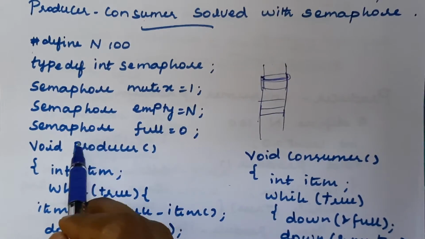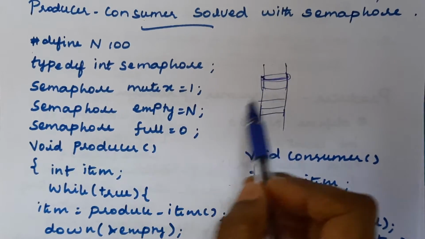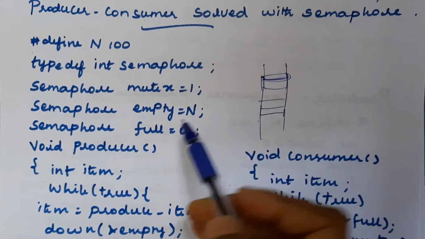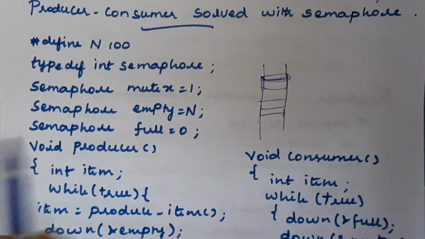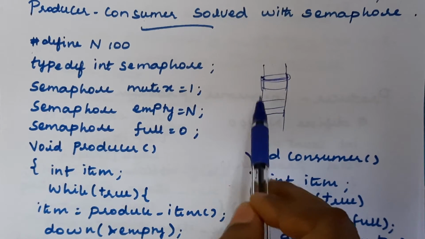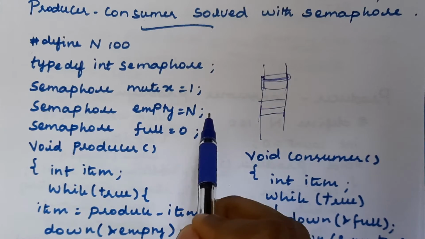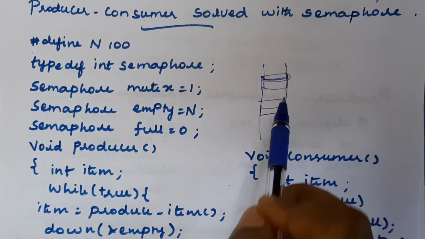That is what the semaphore full variable holds. Initially it will be 0, because no data items are stored in the buffer. Semaphore empty is the number of empty slots available in the buffer, so it equals n initially because we don't have any data items.